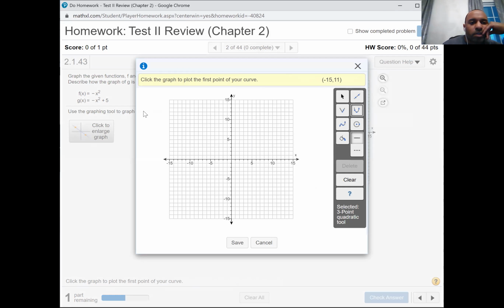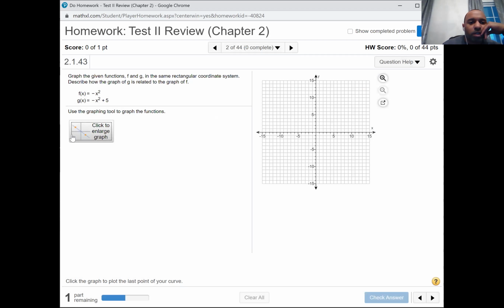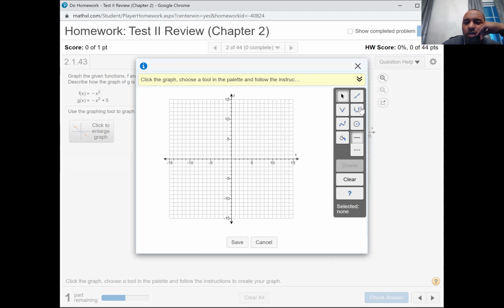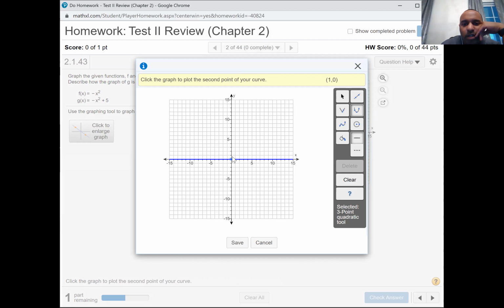All right, so let's see. So x squared, I messed it up. Let me go back. So I'm going to graph that first one, which is -x squared. And I slid over too much. So you have to look at these points up here.